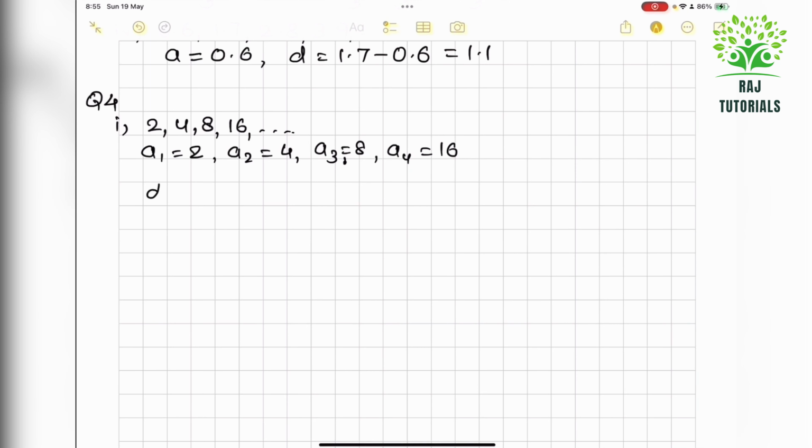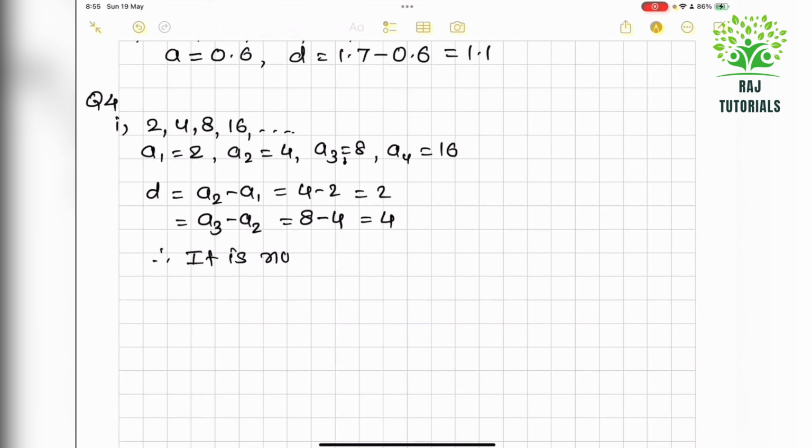So if I find common difference D equal to A2 minus A1, that is 4 minus 2, 2. A3 minus A2, 8 minus 4, so that is 4. So see, difference is not coming same. So here only I can say, therefore it is not an AP. If it is not AP, I don't need to find A and D. But if it is an AP, I need to find that.